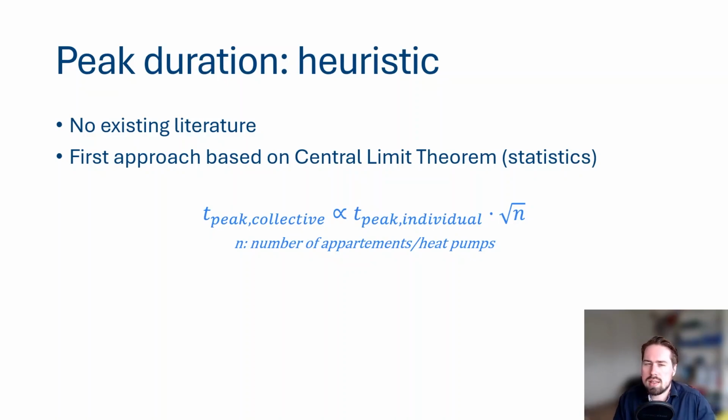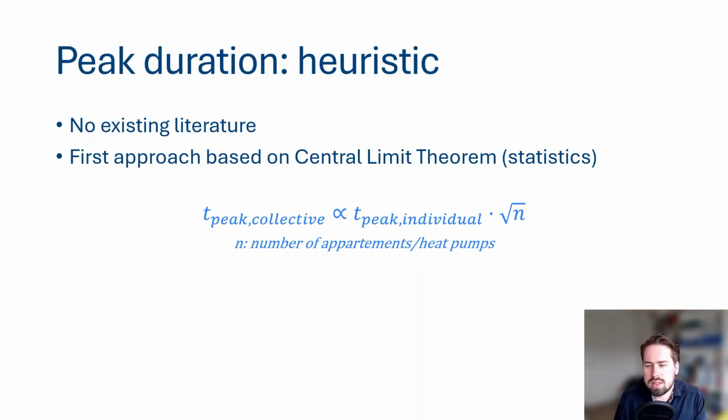So what we can say is that as a first approach, we can base ourselves on the central limit theorem, which is very important in the statistics domain. Although the derivation is outside the scope of this video, it can be used to say, well, if we have a peak duration of our individual building and we multiply it by the square root of the number of apartments or heat pumps or units, we can come up with an approximation of the peak duration of the collective system.